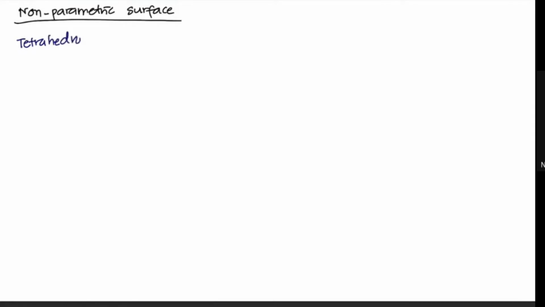Tetrahedron. Triangle shape, triangle in 3D space. In the question you will see a surface given as z equal to 4 minus x minus y. Okay, when you see this, it refers to tetrahedron.